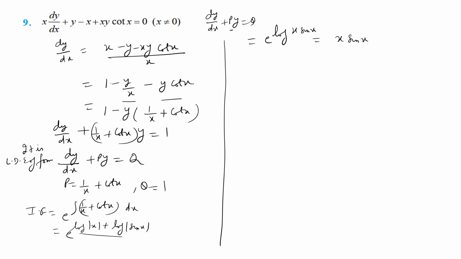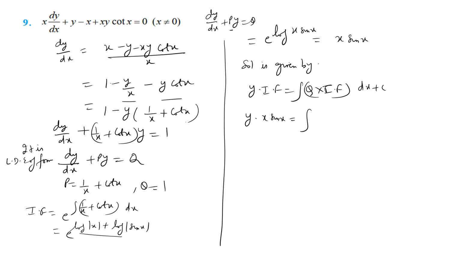Okay, now the solution is given by y into integrating factor equals integral of Q into integrating factor times dx plus c. So y into x sin x is equal to integral of x sin x dx plus c, since Q here is 1.